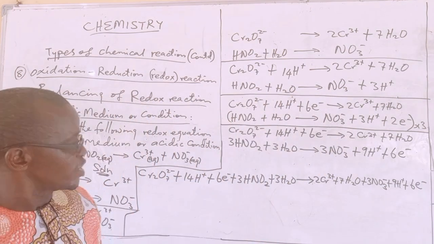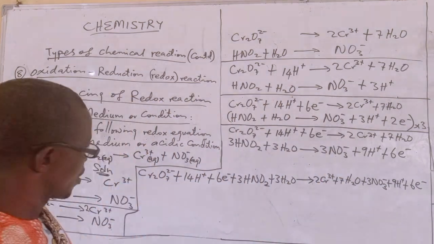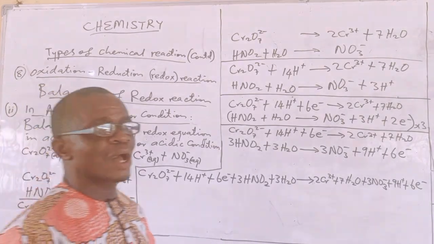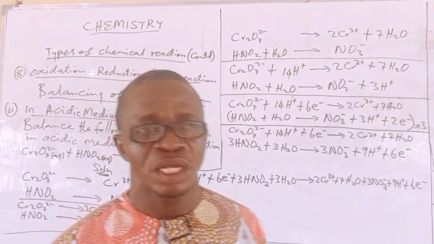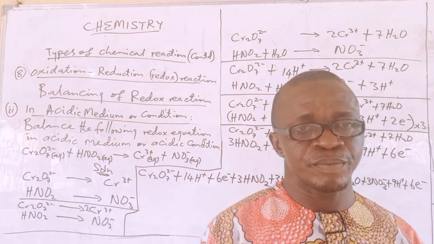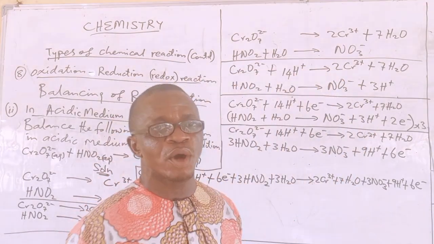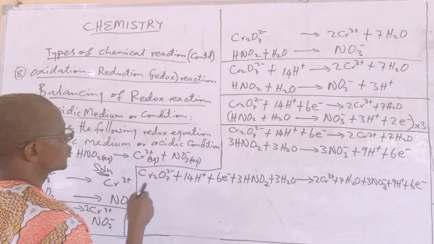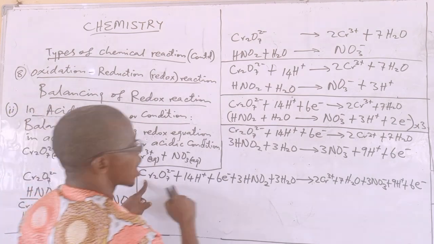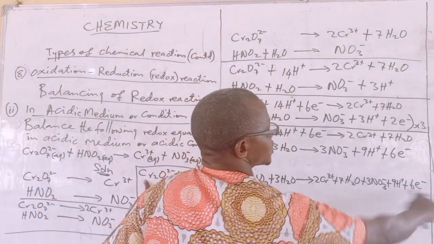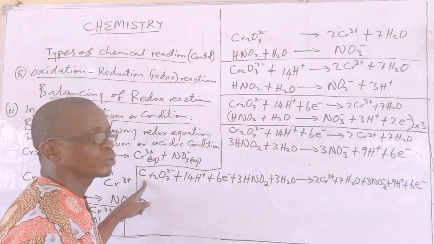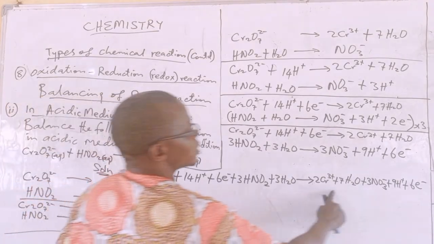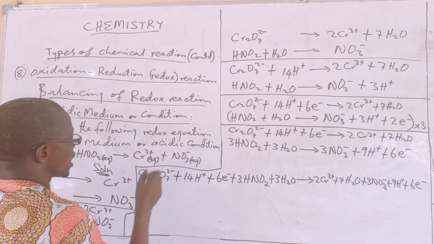Okay, having arranged it in that way, the next thing for you to do is to cancel out common terms. That's the next step. Cancel out common terms. Now let us do that and see. Whatever thing you have in this reactant and you also have that in the product, cancel out common terms. Here you don't have it in this side, so I will bring it down.